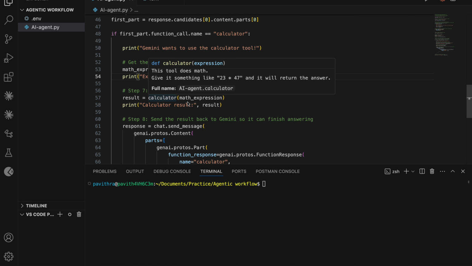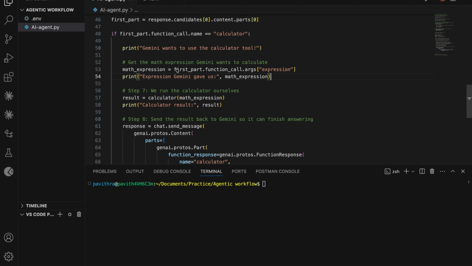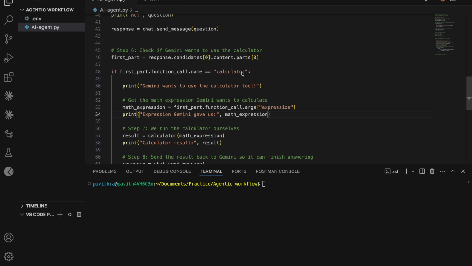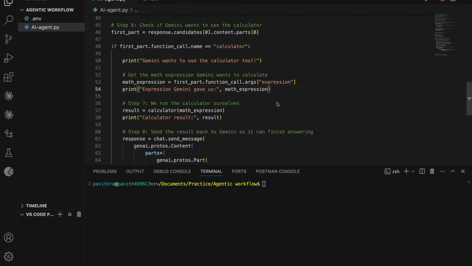The calculator math expression, which we gave as the first part, is where the function call happened. It gets the math expression Gemini wants to calculate. Gemini does not know what the expression means or how to multiply. Gemini is a mediator here. That is your agent, and the calculator is your tool.